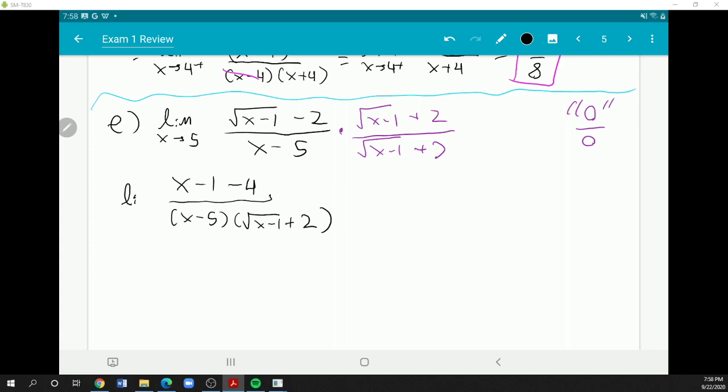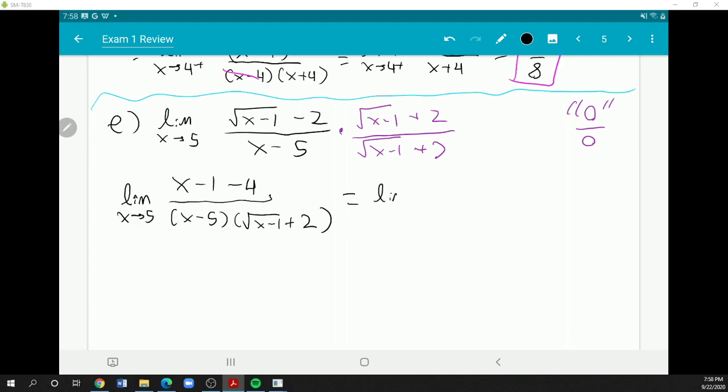And I can't forget my limit. The reason is the limit is just a number, but if I don't write the limit, then I'm saying a number is equal to a function, which really doesn't make sense.